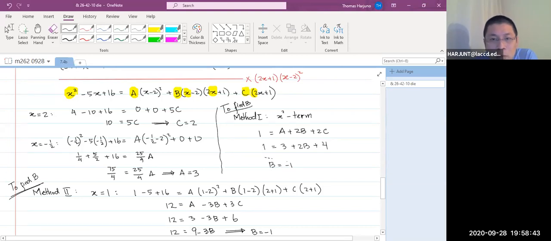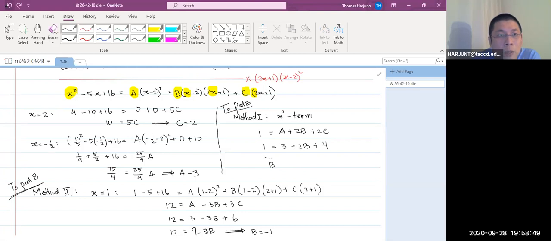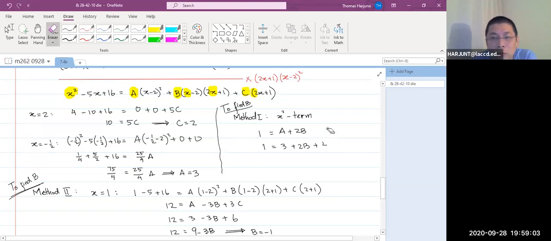Huh? Do I get it right? Oh, I made some mistake somewhere. That's not true though. Oh, no, my bad. The last one is plus 0c, because this is 2cx, not 2cx squared.